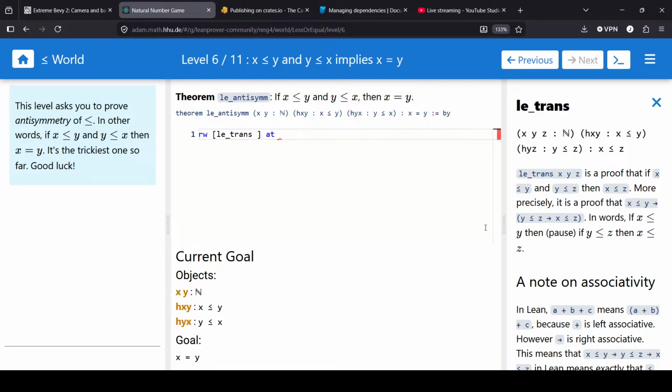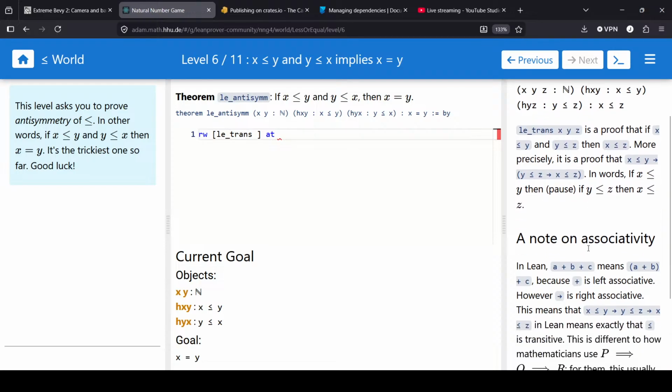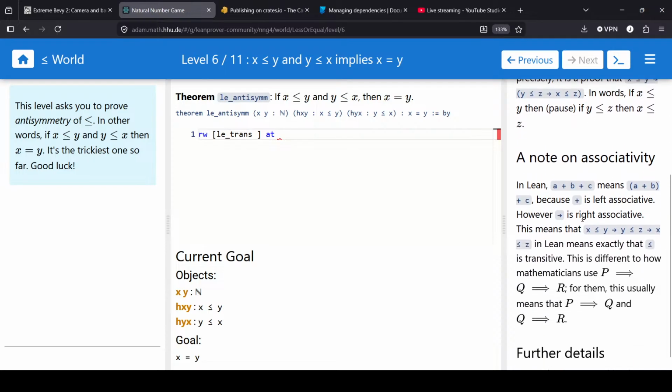Okay, what does this say? If x is less than or equal to y, is less than or equal to z, then x is less than or equal to z. This is proof that x less than or equal to y implies y less than or equal to z implies x less than or equal to z. I don't care about the associativity.